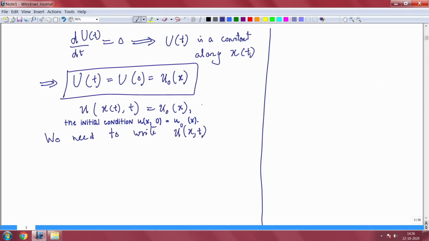This representation of u of (x, t) is along the line, but we want to write u of (x, t) for arbitrary points. This is a very important issue, I will come back to it.